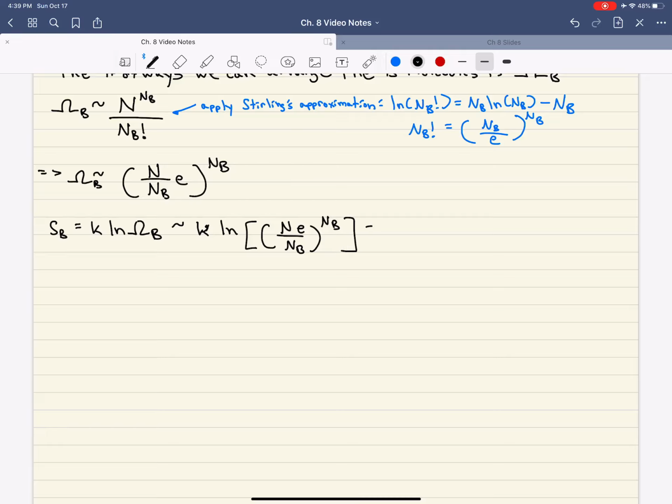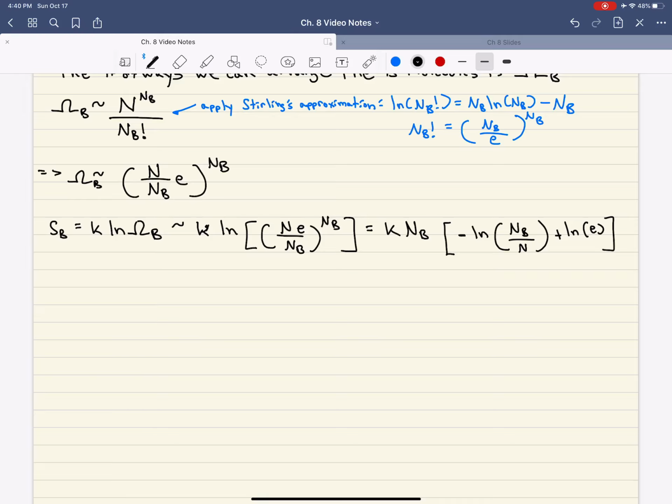If we play along with our log rules, we could bring this NB exponent down to the outside, and we could also split up the natural logs here. Okay? So for this first natural log, I'm going to write it like this, and it's negative because NB and N positions were flipped originally, so I flipped them around. And then I'm going to split off the natural log of E thing over here.